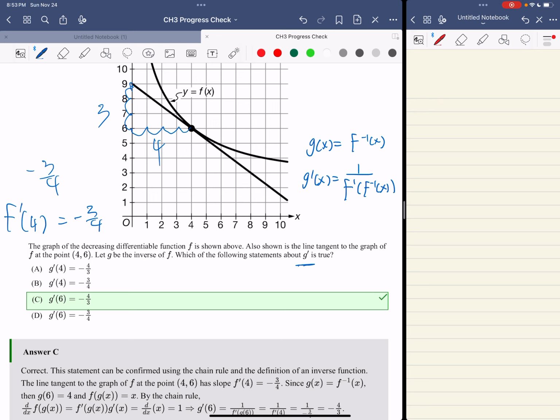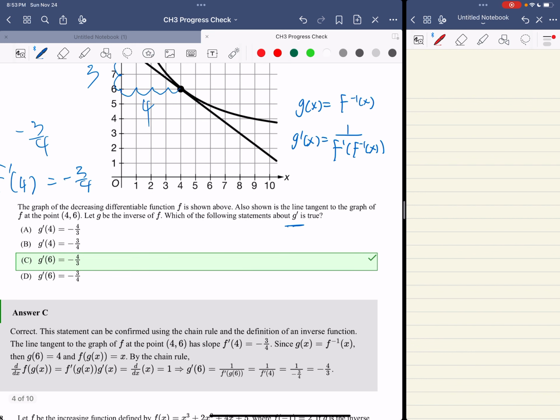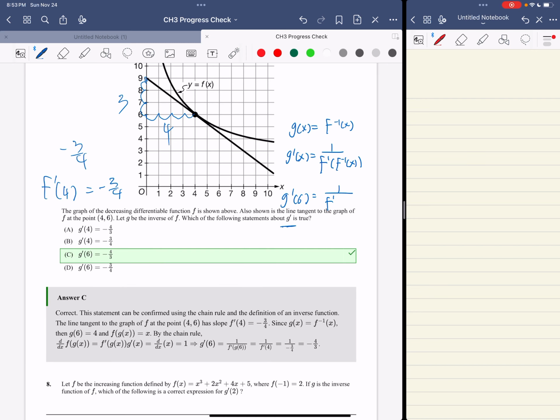That's the thing, and you're looking for g prime of 6. So what you have to do is f prime of 4, because g of 6 is the same thing as 4, only because they are inverse to each other.